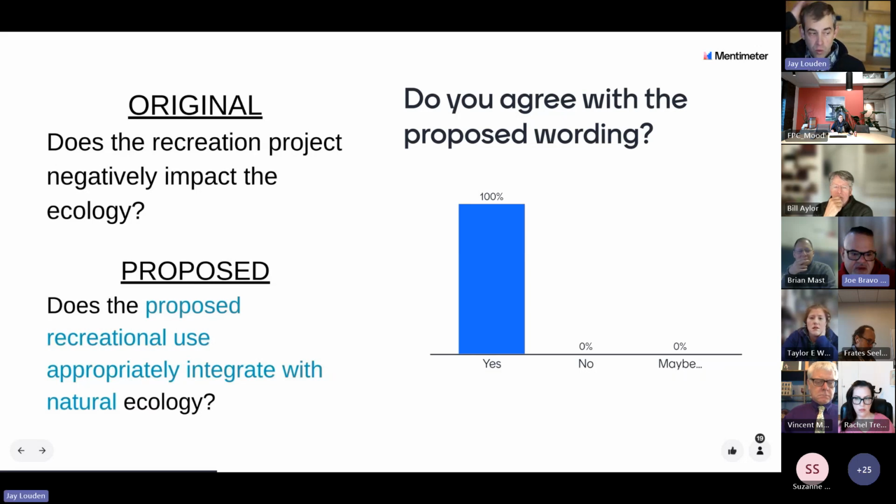Proposed recreation. Well, I think keeping the end goal of all of this in mind, and how it's going to be used, is critical. Where we're headed is there's going to be a group of people who are going to use this methodology that we come up with, probably a rubric at the end, whether that group is the very people you see on the call here or some other group.